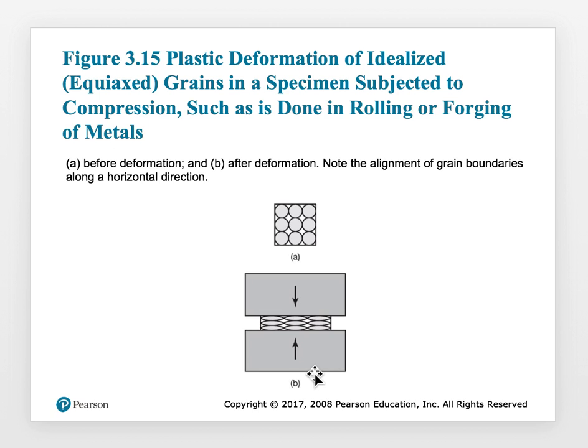And so it will get strengthened in the direction of the rolling, but it may not be strong in the thickness direction. So the properties have changed quite drastically in the direction of the pressing and the direction that is normal to that.